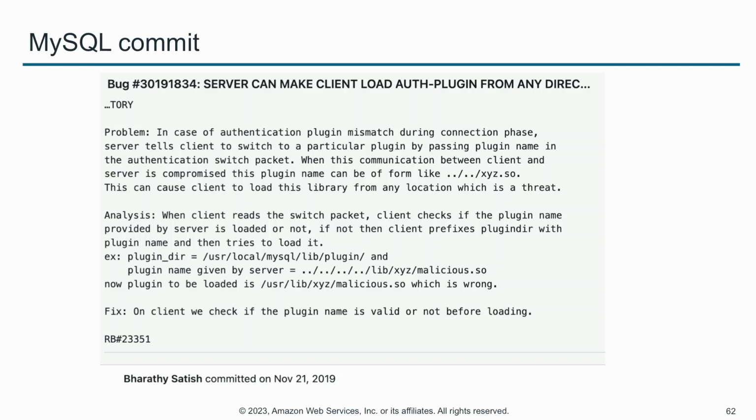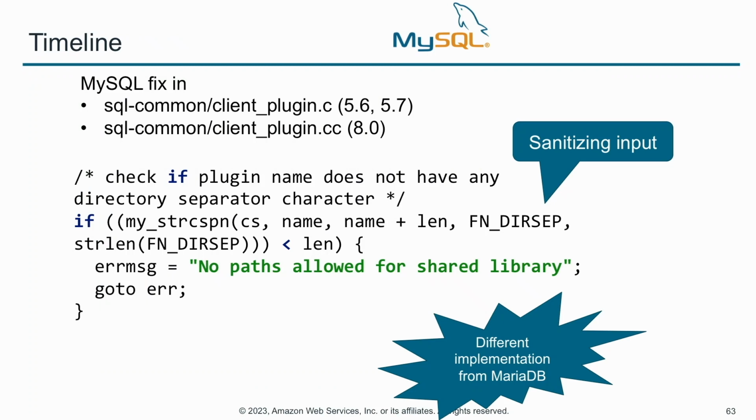So let's try to use this exploit, assuming that we have an old 2019 server, and see if it will work. The fix is actually there, and it's sanitizing the input. It's in MySQL Server, Oracle MySQL Community Server, which is a different implementation from MariaDB.